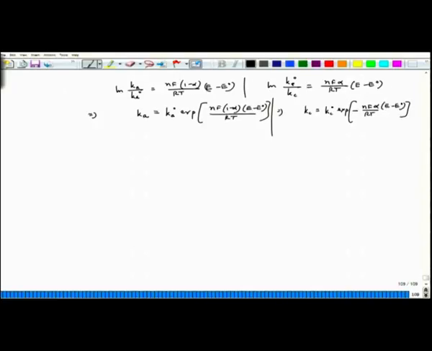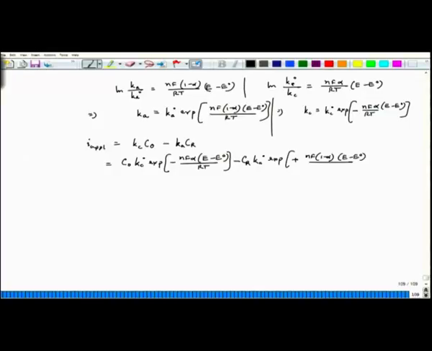(E minus E0) by RT. Now, interestingly, if we consider that I applied equal to Kc times the concentration of oxidant minus Ka times the concentration of reductant, then if we put those equations, I get Kc0 exponential minus Nf alpha (E minus E0) by RT minus Ka0 exponential, of course there would be a concentration part also, this is Cr, minus Nf (1 minus alpha), it should be plus, (E minus E0) by RT.